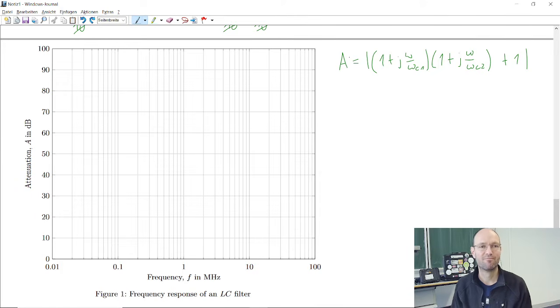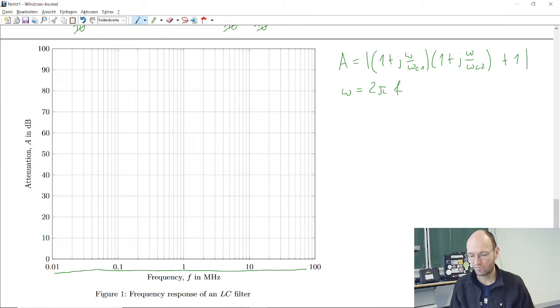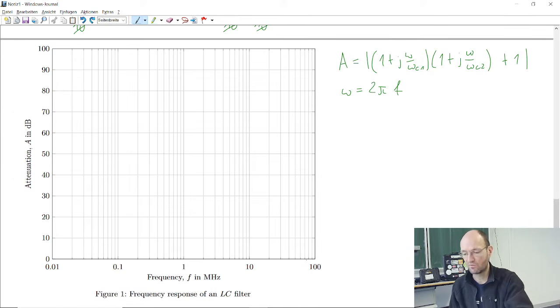Yeah, so of course we have some frequency range here. And of course our omega is 2 times pi times f. The frequency range is given here, and this is, as mentioned, from 10 kilohertz up to 100 megahertz.